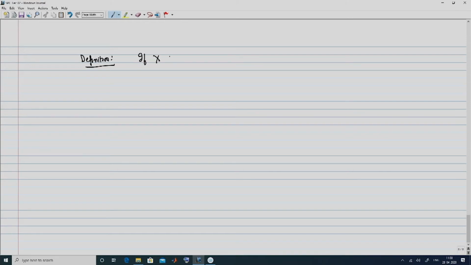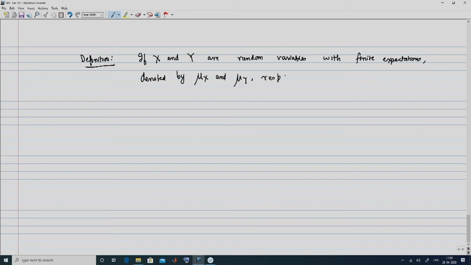Here, if x and y are random variables with finite expectations, we will denote them by mu x and mu y, the expectations of x and y respectively, and both of them are finite.